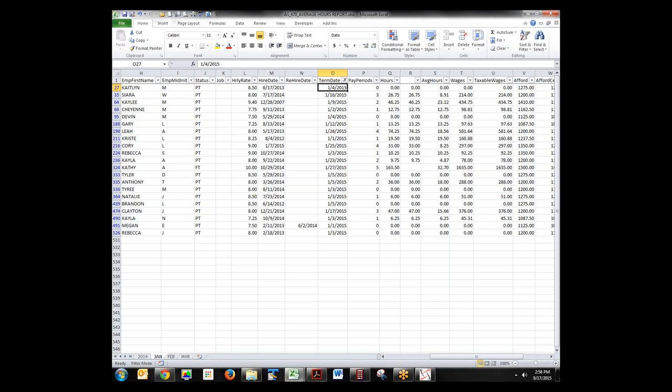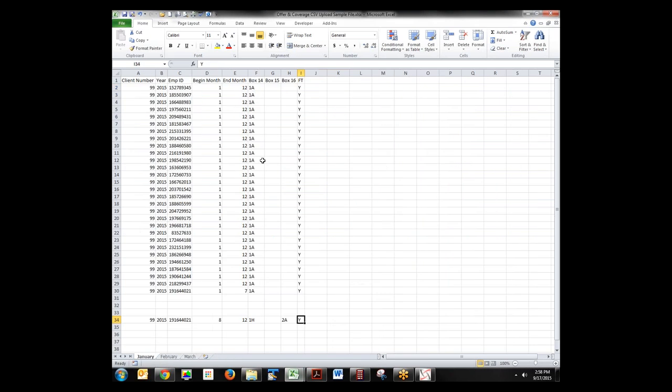So the client will prepare these. Let me switch to the spreadsheet. The client will prepare the offer and coverage spreadsheets, and then they will be sent to the accountant. The accountant will then, if it's not already, get it into the CSV format, just save as a CSV from Excel, and then use the data transfer to upload it into the system.